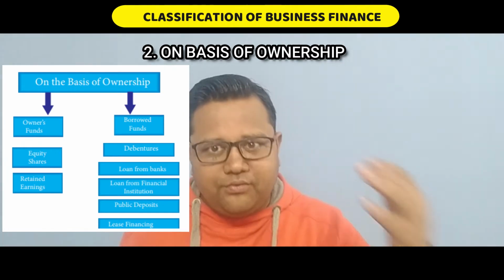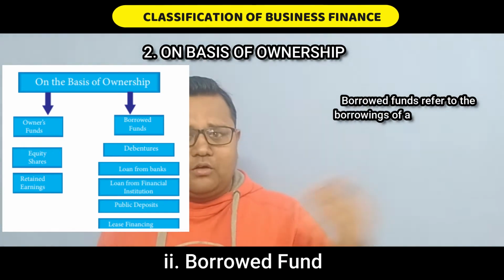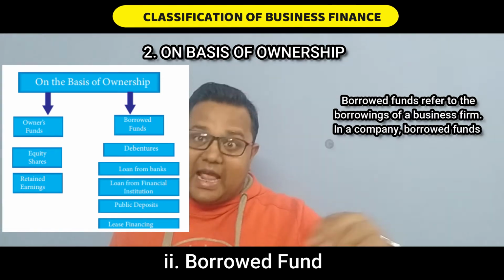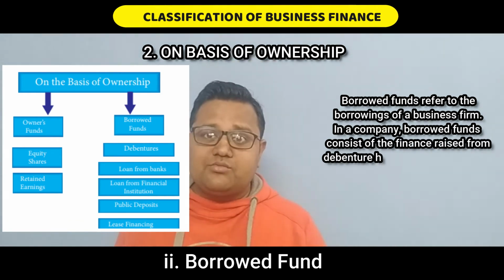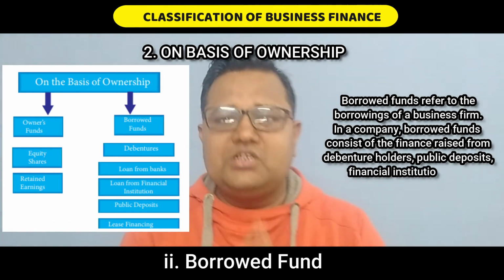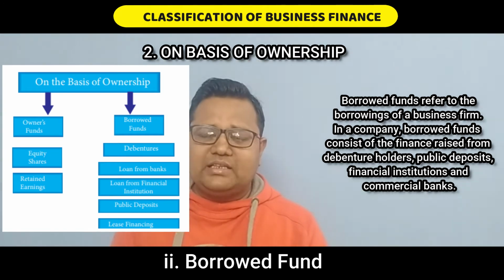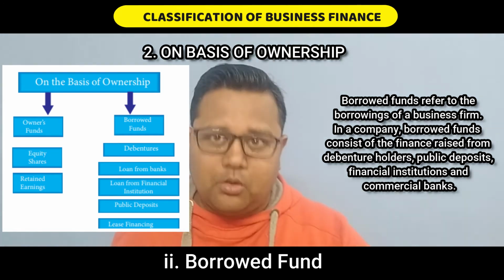Borrowed fund means what? Fund collected from debt, or fund which is collected at interest. For collecting that fund you have to pay interest, that is known as borrowed fund. Example, debenture, bank loan, loan from any other financial institution, all this comes under borrowed fund.